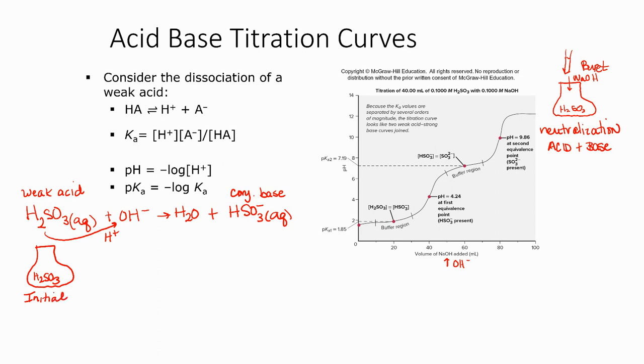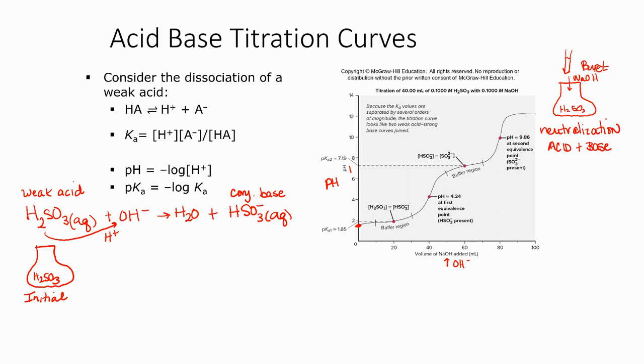Going over here to this graph, you see this first red dot. That would be the initial acid pH. On this side, we're tracking pH, which is listed here. Now when we add base, the pH will go up because you're adding a base.